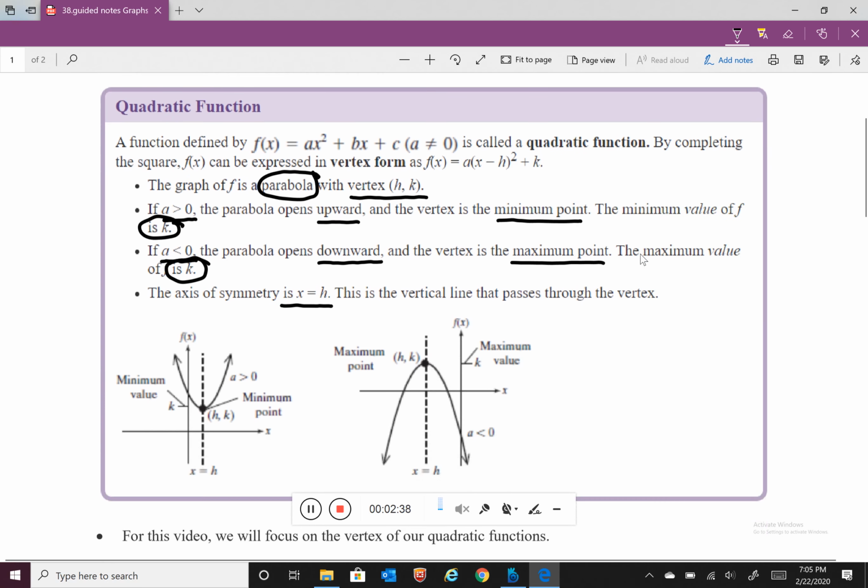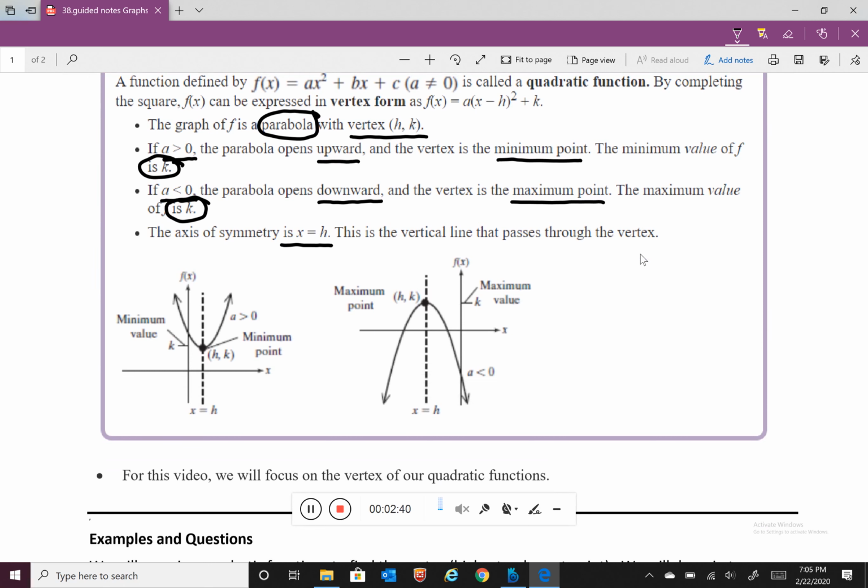So let's look at a couple of general forms of a parabola. For the first one, we see our parabola is opening upward with a minimum point and a minimum value. And for our second one, our parabola is opening downward with a maximum point and a maximum value.